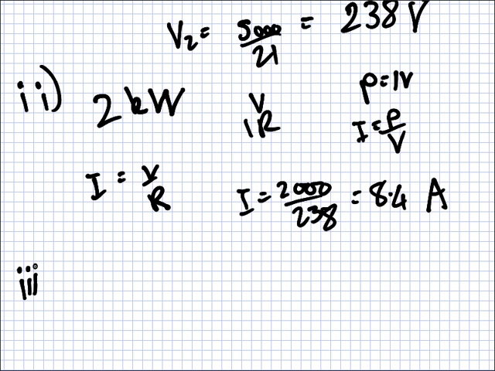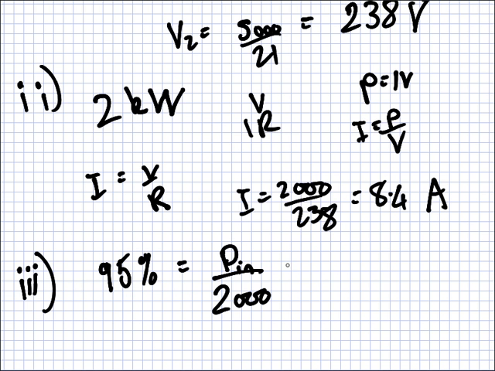If the efficiency of the transformer is 95%, show that the power input required to the primary coil is approximately 2.1 kilowatts. So you have the formula efficiency equals power in over power out times 100.